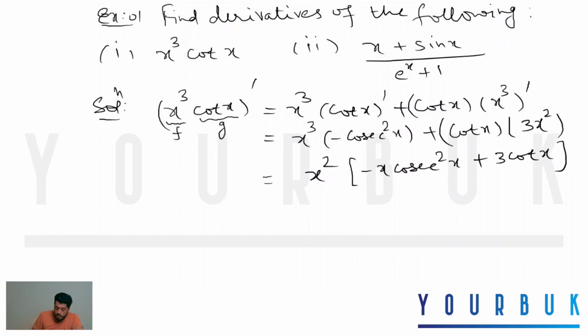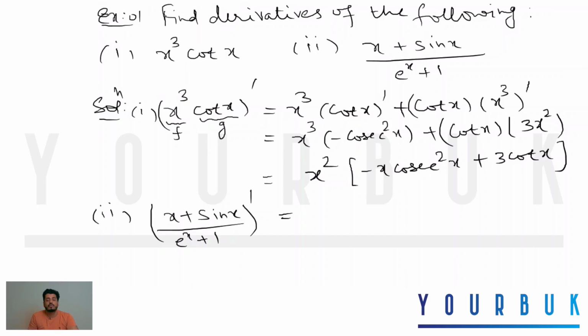Now similarly, if you look at the second one, this is your first problem. Now if you look at the second one, it is finding the derivative of x plus sin x in the numerator and e to the power x plus 1 in the denominator. So if you just compare this, then this will give you a function of the type f upon g.